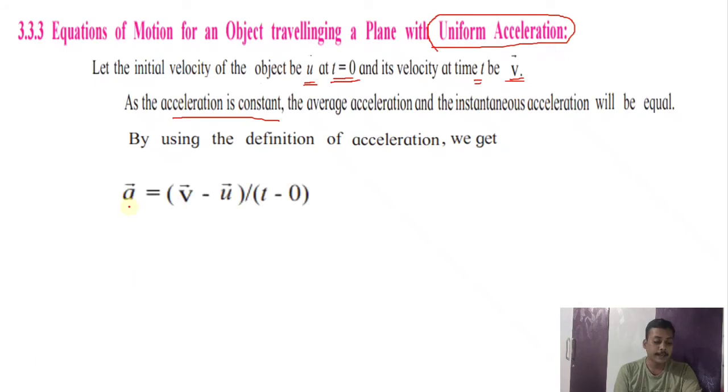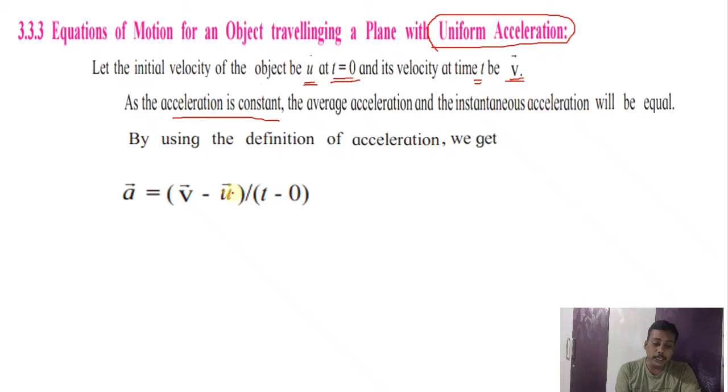So next, by using the definition of acceleration, we get a bar is equal to v bar minus u bar upon t minus 0. What is the definition of acceleration? Acceleration is the rate of change of velocity with respect to time, or change in velocity upon change in time. Initially the velocity is u bar, and that changes to v bar.